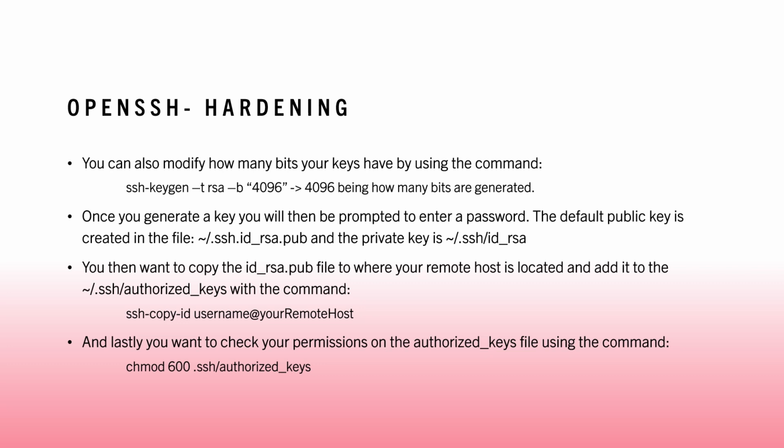You can also modify how many bits your keys have by using the command ssh-keygen -t rsa -b, and then how many bits you want to be generated. Once you generate a key, you will be prompted to enter a password.